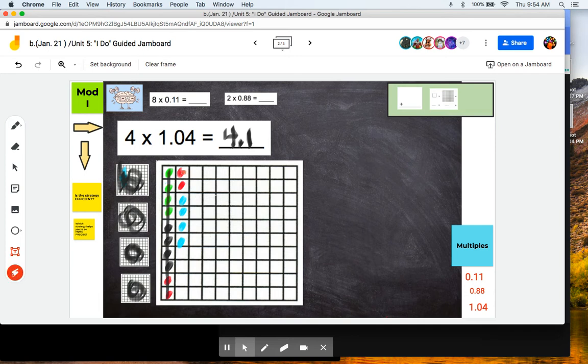Yes, I do. 1, 2, 3, 4, 5, 6. My final product that my model shows is 4 wholes, 1, 2, 3, 4. I have 1 tenth shown in my model, and I have 6 hundredths.